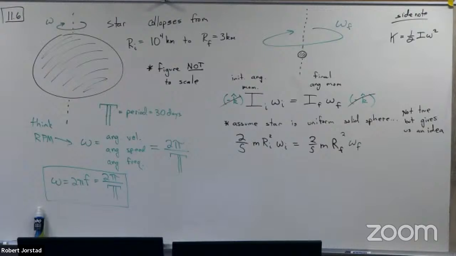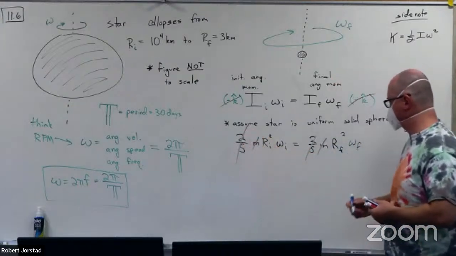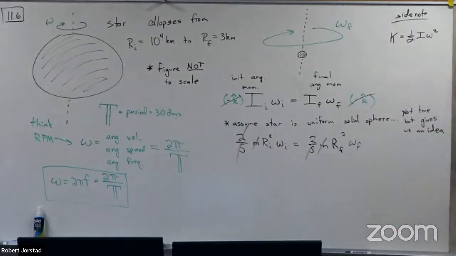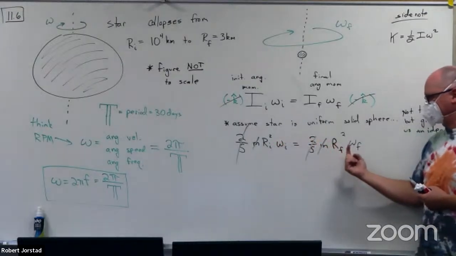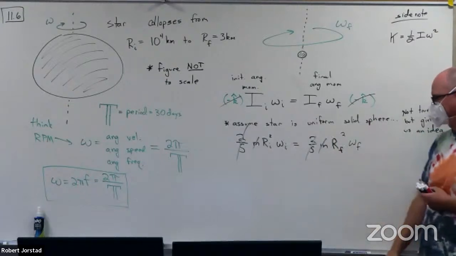What drops out? Mass and the 2/5, the shape factor in this case. So notice, not only does the radius change, but we're going to get this crazy multiplier squared.